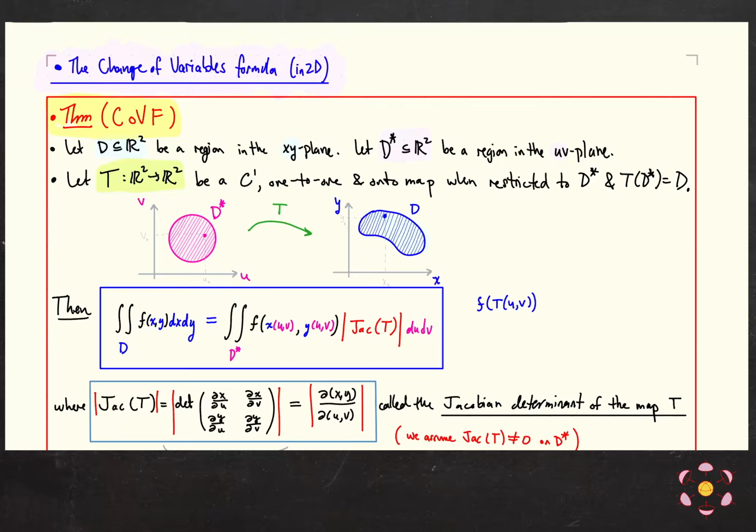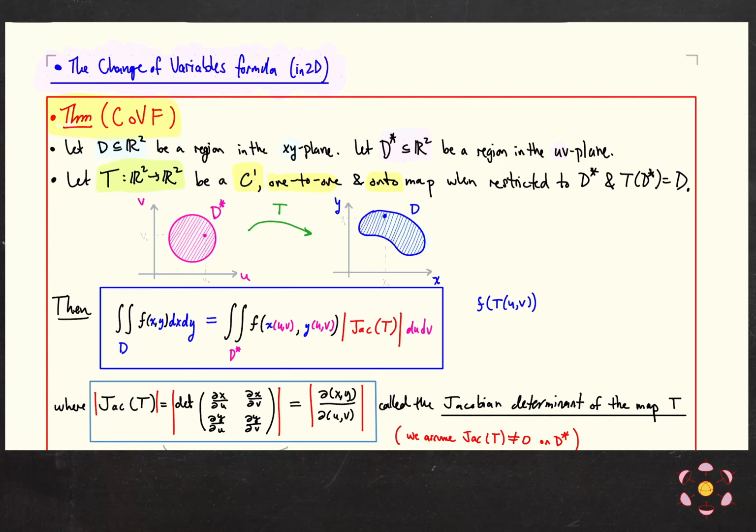And the first technical requirement, let's make sure that this is C1. What that tells us is that the functions x that depend on u and v, the functions y that depend on u and v, have partial derivatives, and those partial derivatives are continuous. We talked about the requirements on one-to-one and what those meant, but those are more of our technical requirements.